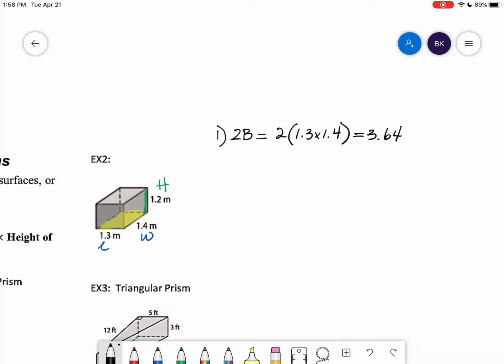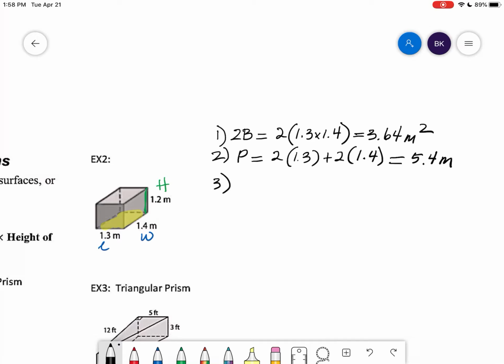Okay. The second step will be to find the perimeter, which is 2 times 1.3 plus 2 times 1.4, 2 times the length plus 2 times the width, equals 5.4 meters.